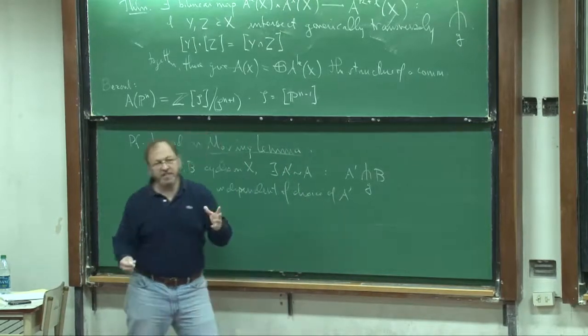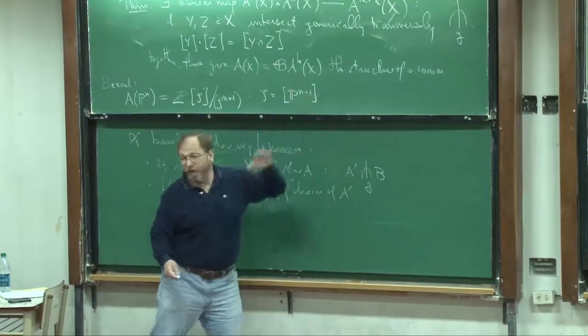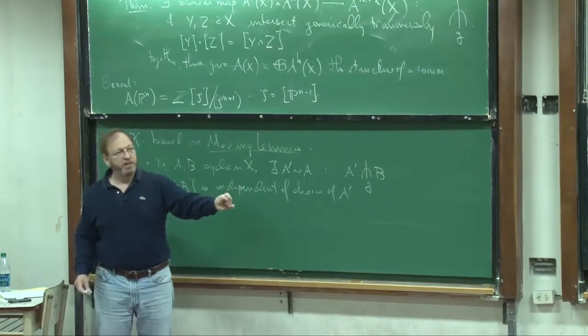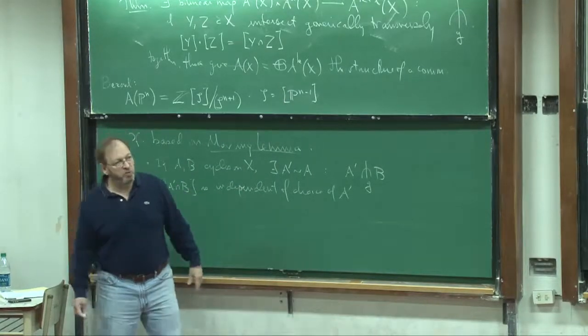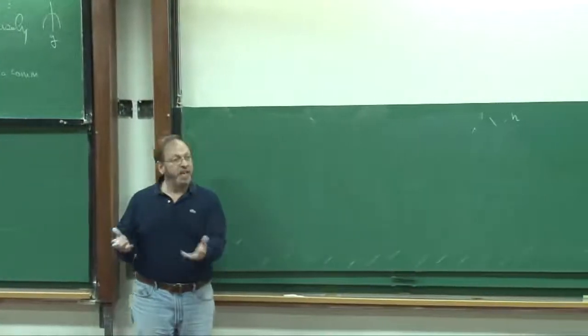In other words, how does this assignment of a ring to every projective variety behave under morphisms between such smooth projective varieties?